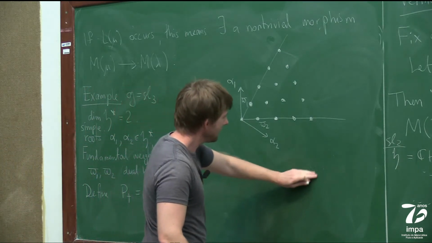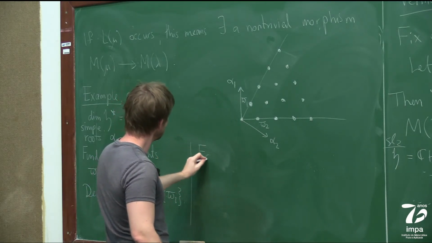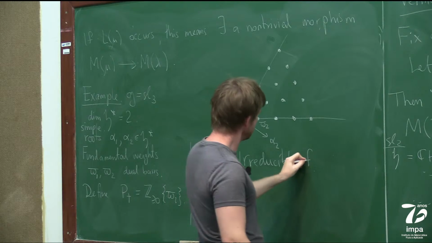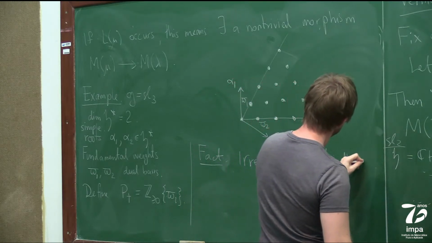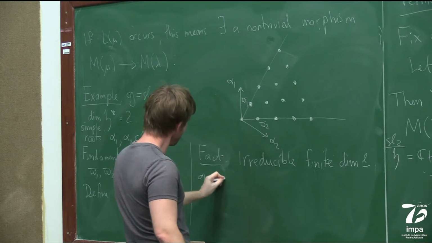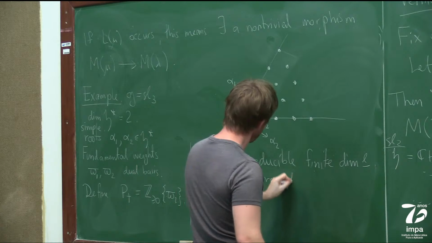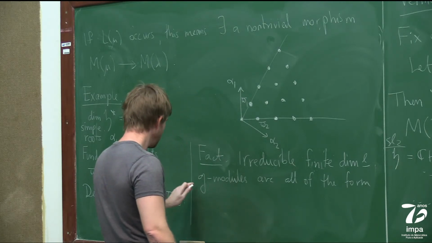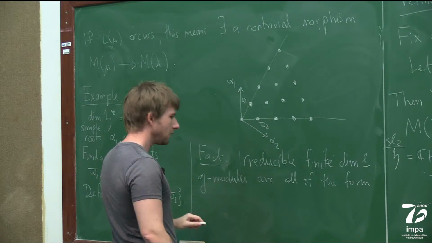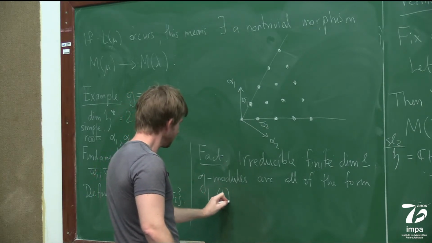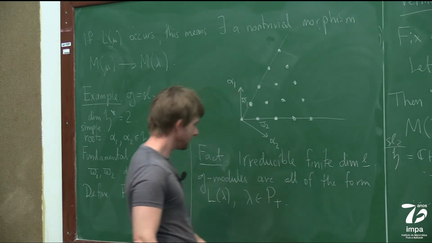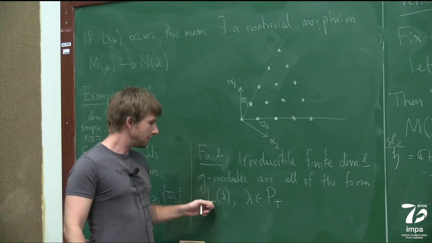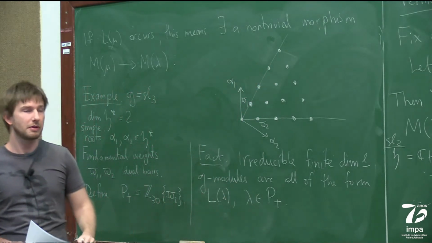This is important partly because if you ask the question, what are all the irreducible finite dimensional representations of G, it turns out that they're all the L lambda, where lambda ranges over this set. So that's why this set is important.